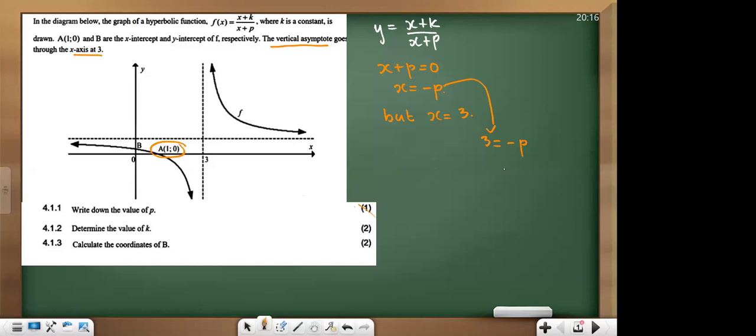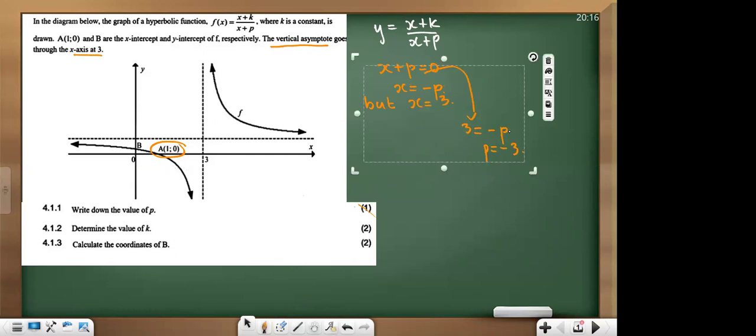What is p? p is negative 3. I'm done. They want to see if you know the properties of this. That's what was tested. There was nothing hectic, but they check if you know the properties.